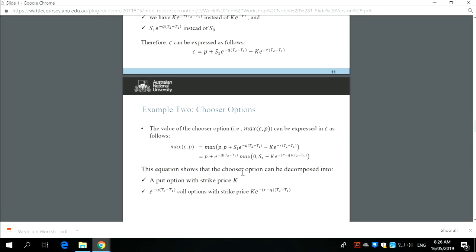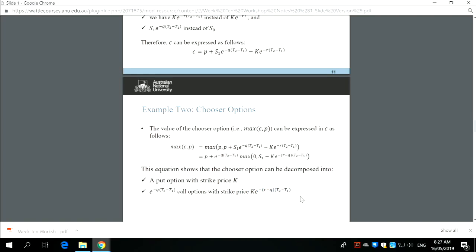And then, again, we can make an interpretation about the chooser option payoff. Basically, the chooser option payoff is really comprised of, first, a put option with strike price of K, and a certain amount of the call option, so this quantity. The quantity is expressed as e to the power of minus q times (t2 minus t1), and with the strike price looking like this.